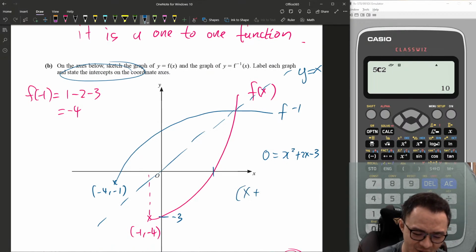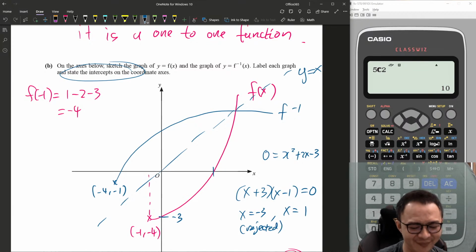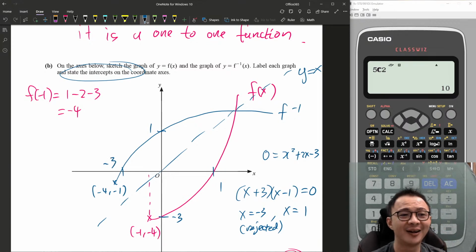This is (x plus 3)(x minus 1) equals 0. So x will intersect at 1, or x is -3. But definitely -3 is rejected. So we're actually getting 1, right? It doesn't look like a 1, but it is a 1 here. So this one will be 1, this one will be -3.